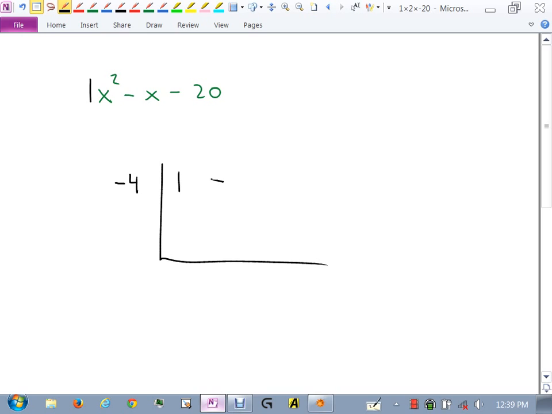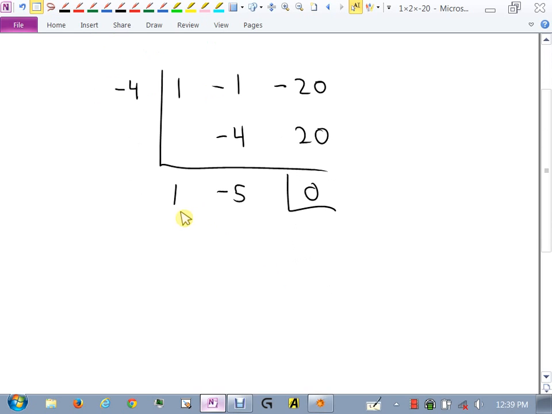You go through it, but when you get here, those would have been the numbers in your synthetic division, right? You would have had 1 here, negative 4, negative 5, and when you multiply there, you got 20 and 0. So what does this tell me? X minus 5 here and x plus 4 here, and that's what we got, right?